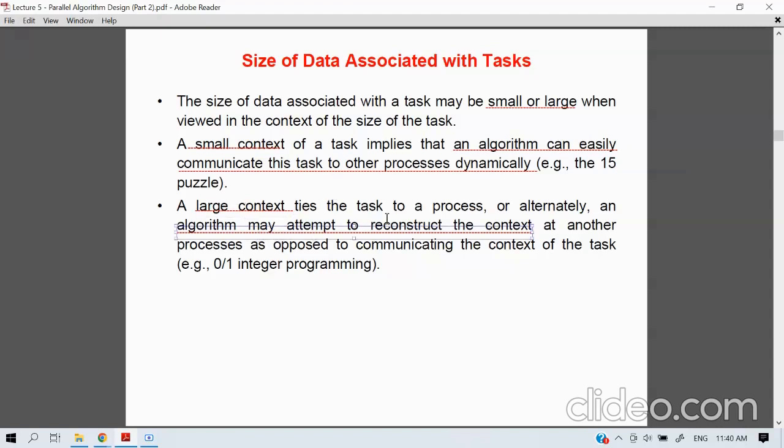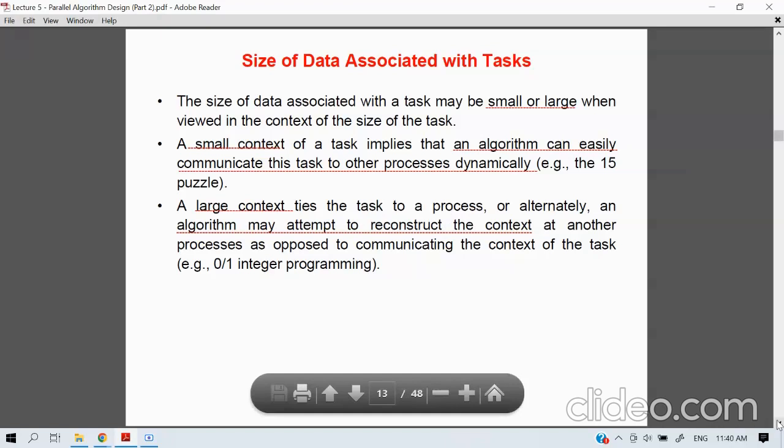And then an algorithm may attempt to reconstruct. Sometimes we need to reconstruct back the context or the algorithm to consider the large size of data while the parallel algorithm is being executed. So in this case, 0-1 integer programming is quite difficult or needs large context sizes or communication between the tasks, right?